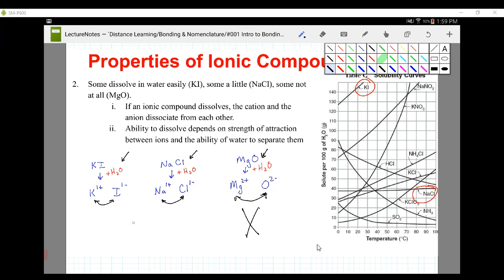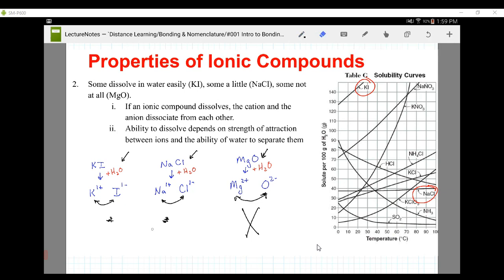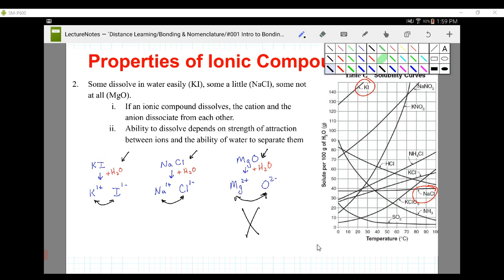However, water can dissolve these two compounds, potassium iodide and sodium chloride, but it can dissolve one easier than the other, even though they both have the same charges, because they aren't the same size. Right? We know that distance plays a factor in attraction. Potassium has 3 energy levels once it loses that 1 electron, whereas sodium only has 2 energy levels.